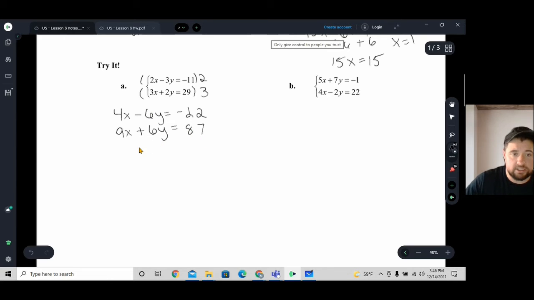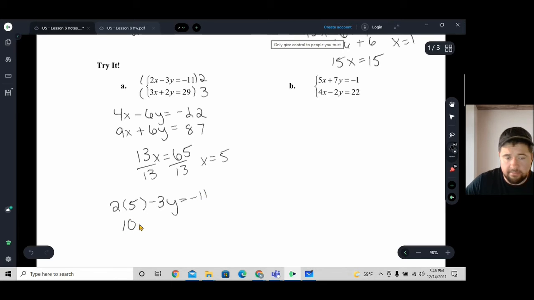My y's will cancel, and I'll have 13x equals 65. Divide it out, x equals 5. I'm going to take that 5 and plug it in. So 2 times 5 minus 3y equals negative 11. 10 minus 3y equals negative 11.